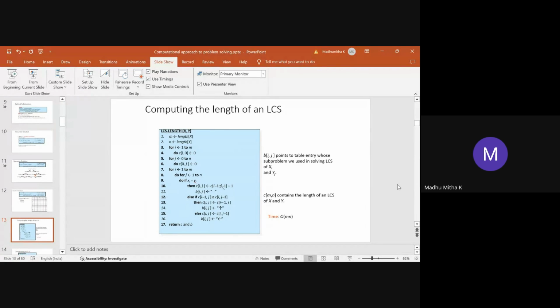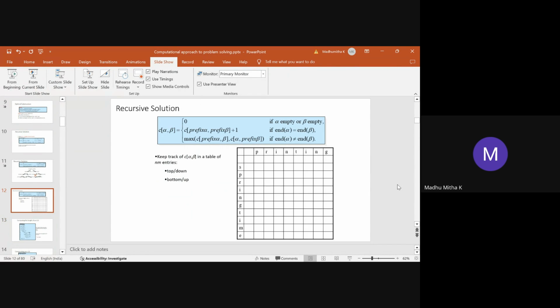So this is computing the length of the LCS. This is the pseudocode for computing LCS. Here you store the lengths of x and y in the variables m and n, and you see this range where initially it is 0 and your table is empty.